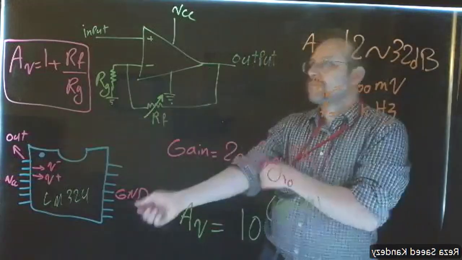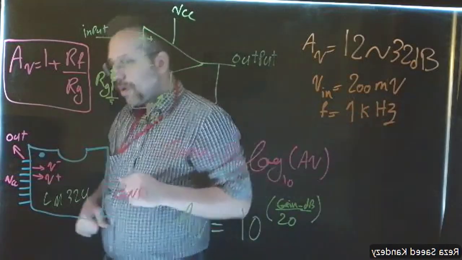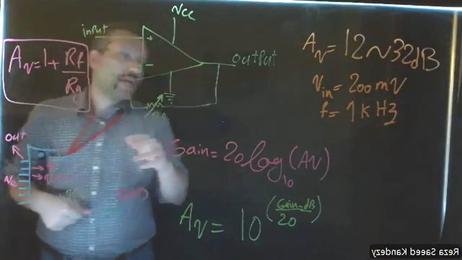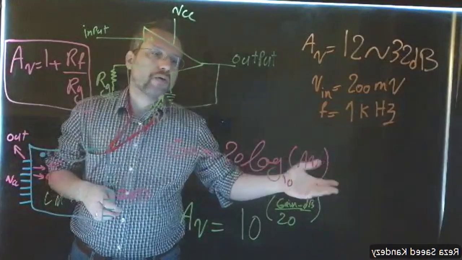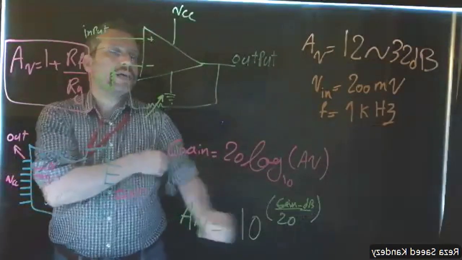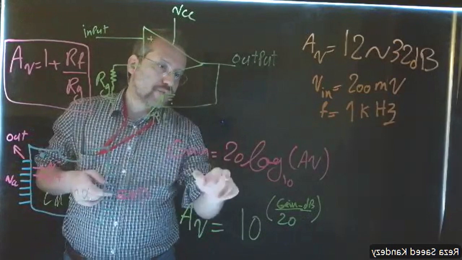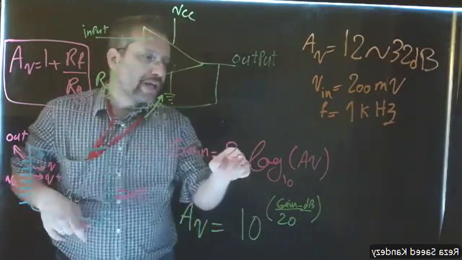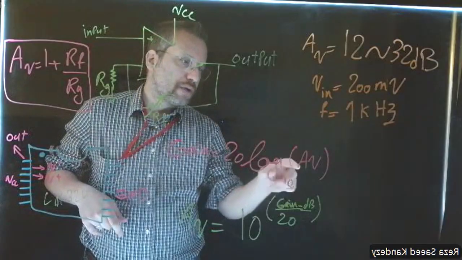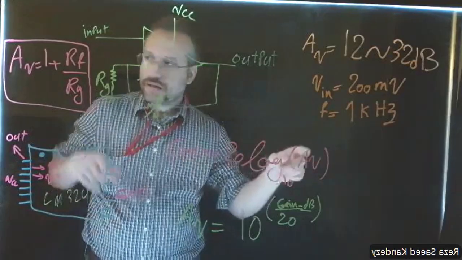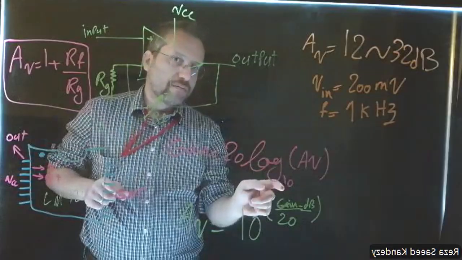Okay, now, normally, when we talk about the gain of an amplifier, the gain is given to us in a decibel unit. Now let's talk about what it means to have a gain in decibel. Gain in decibel is actually 20 times the logarithm, in base 10, of the actual scalar gain.